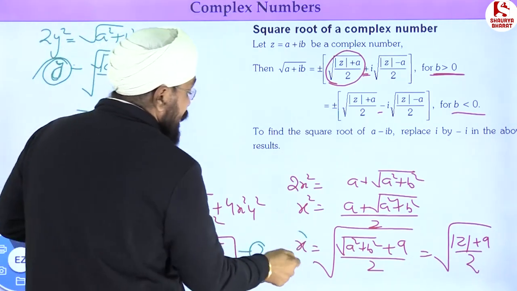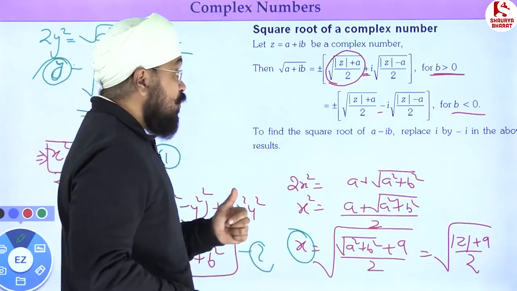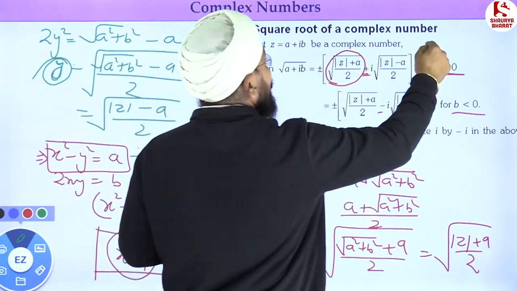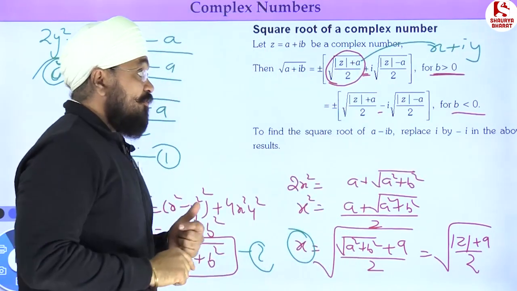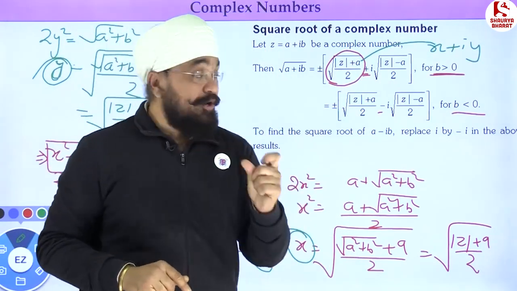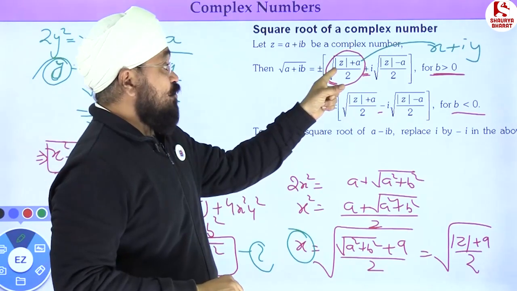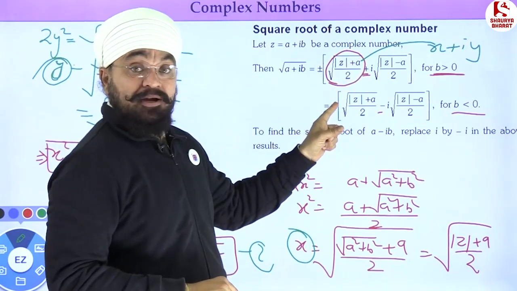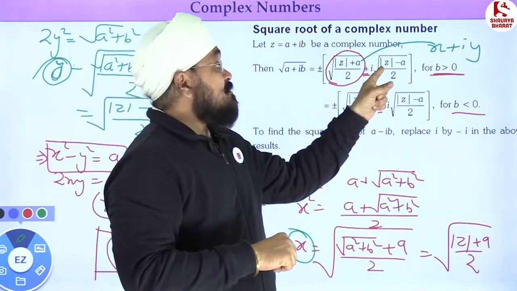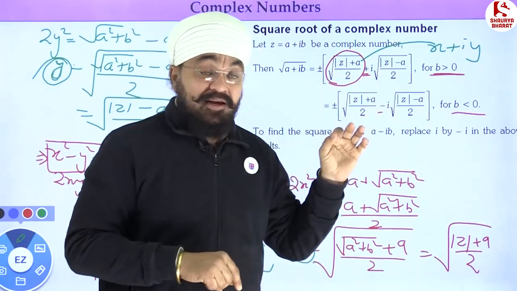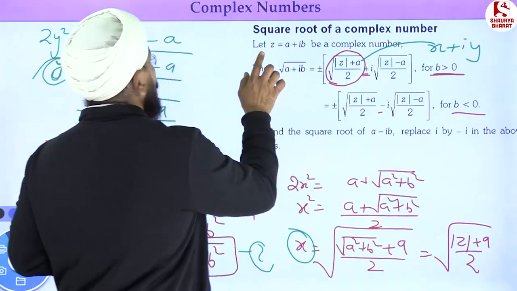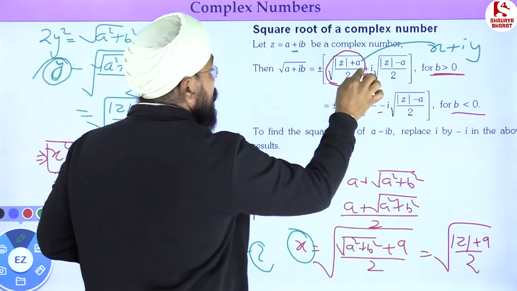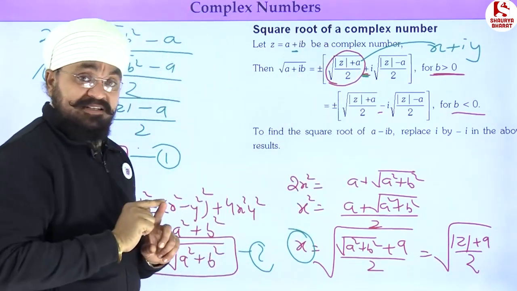So the value of y and the value of x, as we know that the square root was being taken as x plus iota y: x is the square root of (magnitude of z plus a) whole divided by 2, and y is the square root of (magnitude of z minus a) whole divided by 2. So this is what we have to keep in mind, that whenever we have a plus, the square root will have plus.